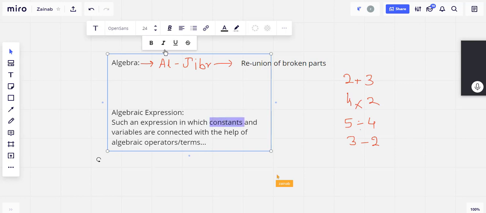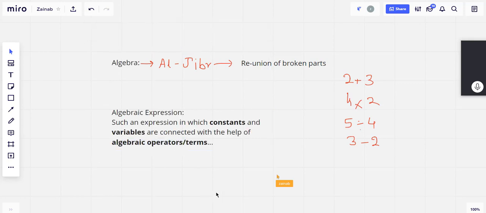Now what is a constant, what is a variable, what are terms, and also what are algebraic operators? We need to discuss that first, and then you can get the meaning of the algebraic expression.